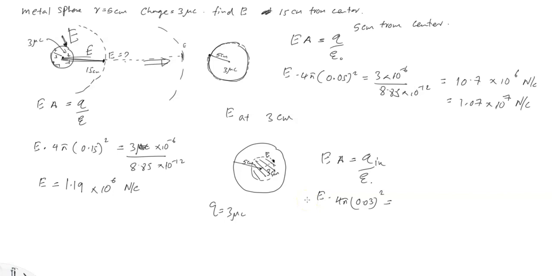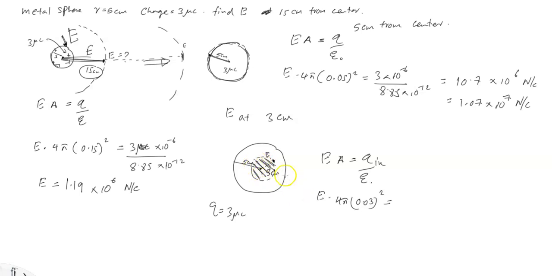The previous ones were outside the sphere. 15 centimeters was definitely outside. Even the 5 centimeter circle is on the surface, so the entire charge is covered. Now what happens? Where is this 3 microcoulombs? Is it evenly distributed? Are there any charges inside? How many charges are trapped inside this dark area?